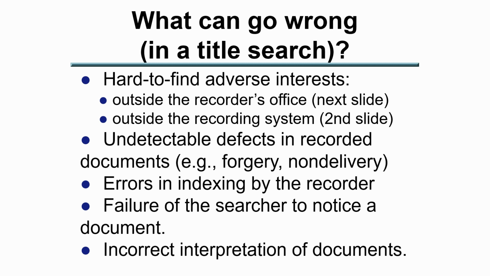Finally, there are problems of interpretation of documents. What is the legal meaning of a particular document with particular wording in it? Well, often there are varying potential interpretations, and what a title searcher believes a court will say might not necessarily be the same as what an actual court in later litigation actually says.